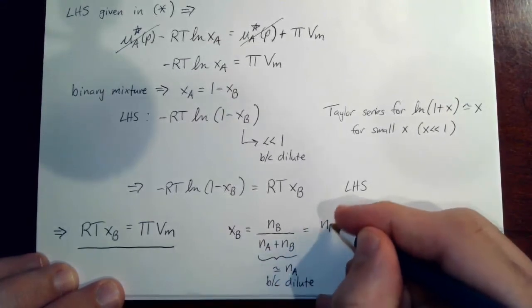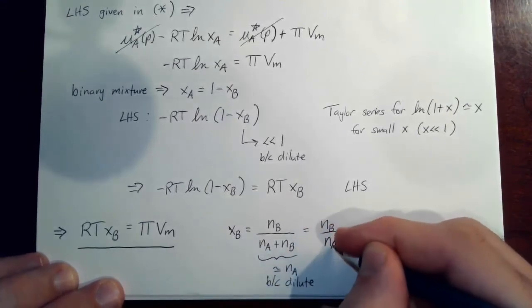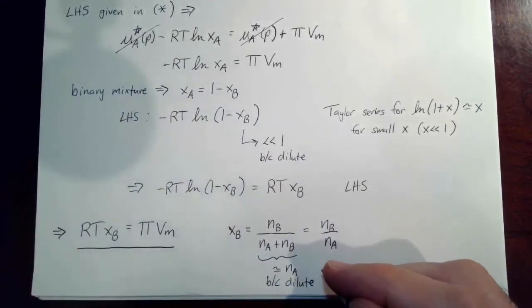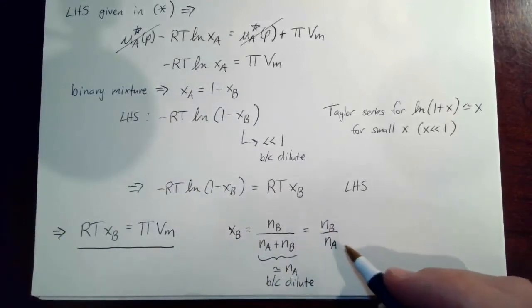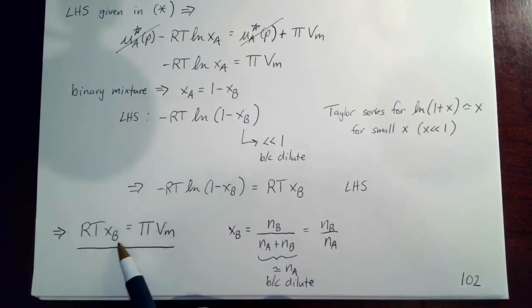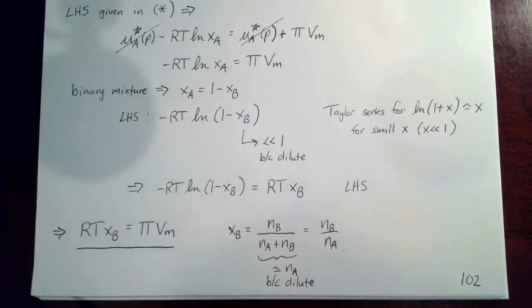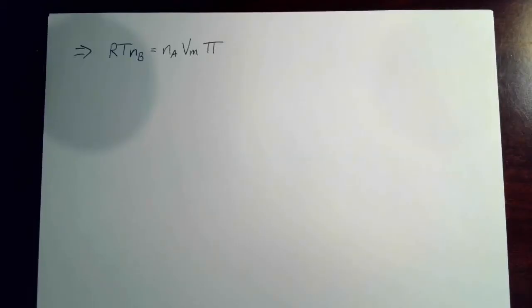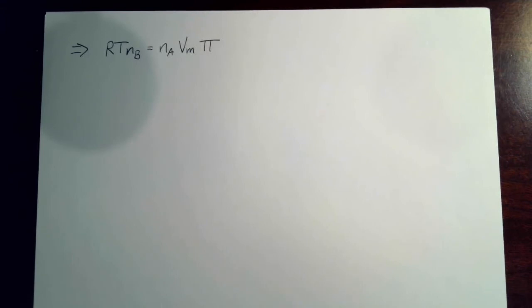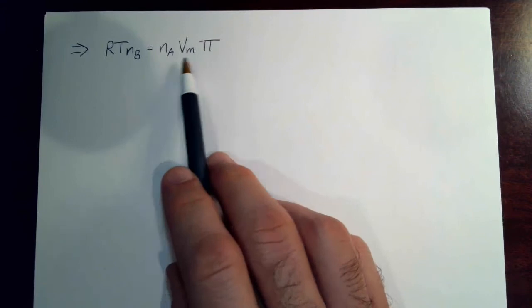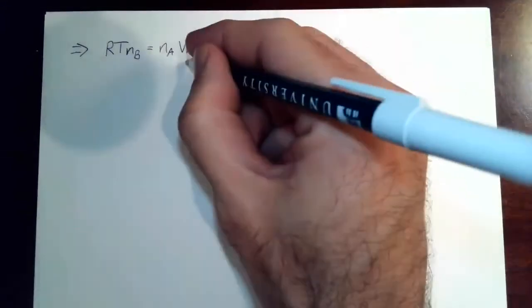And so we have Nb over Na. And I'm going to make that substitution over here and move things around just a little bit. I'm going to move the Na over to the right-hand side. Okay, so making that substitution and rearrangement, I have this. And I'd like to focus on this Vm times Na term right here.